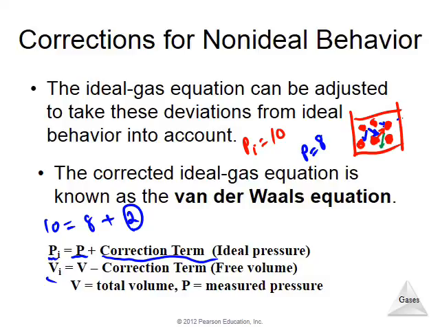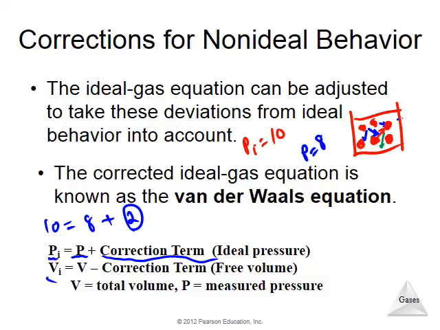So total volume is not going to be the free volume. Think about a classroom when all the students are sitting. I, as an instructor, if I want to walk by, cannot go to every part of the room because other students are sitting there. So my effective volume would be the total volume of the room minus the correction term due to your presence and other students' presence in that classroom.